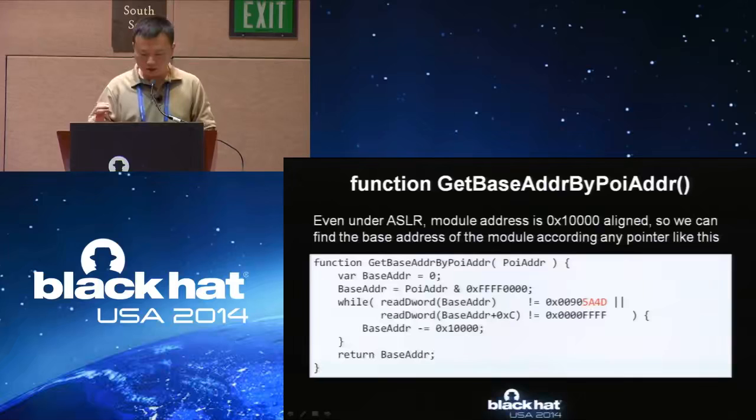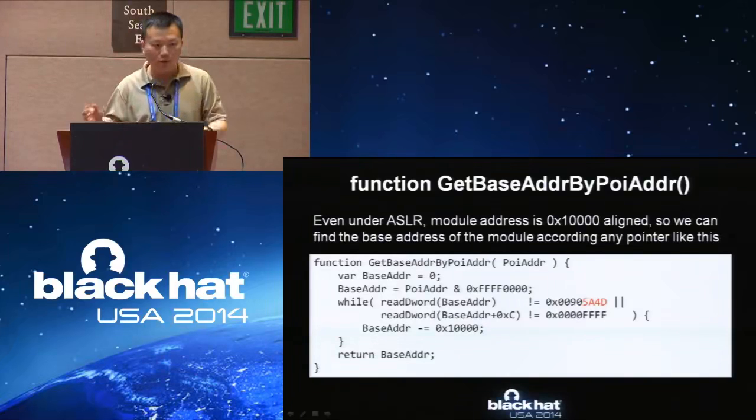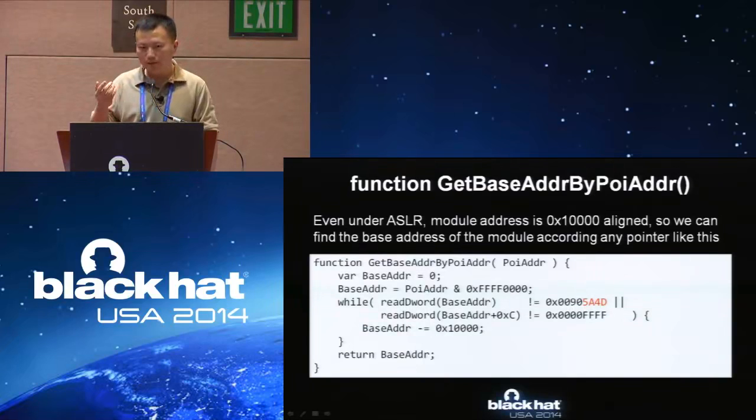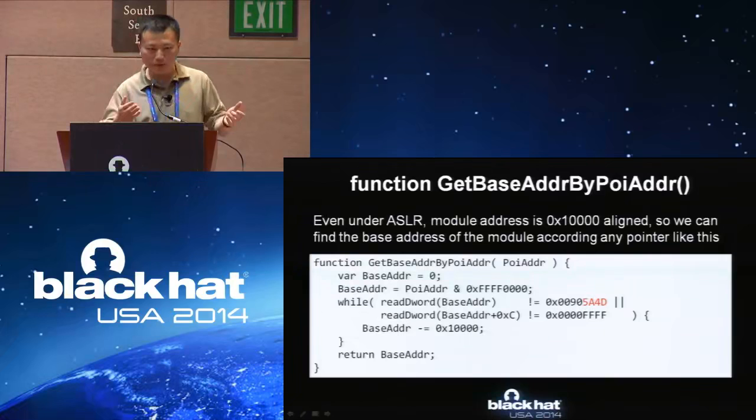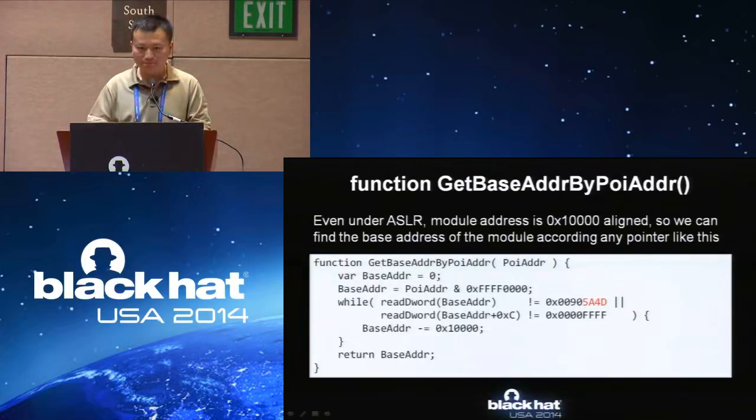That's the data in the PE header. And we use another value in the PE header to make it double accurate. With this function, we can make any pointer in memory become a module base address.